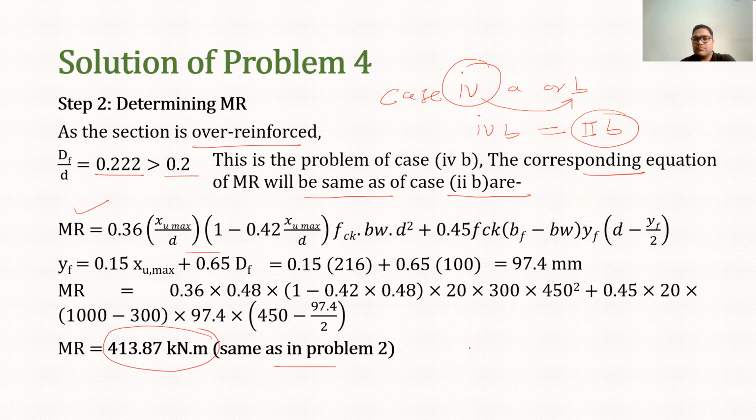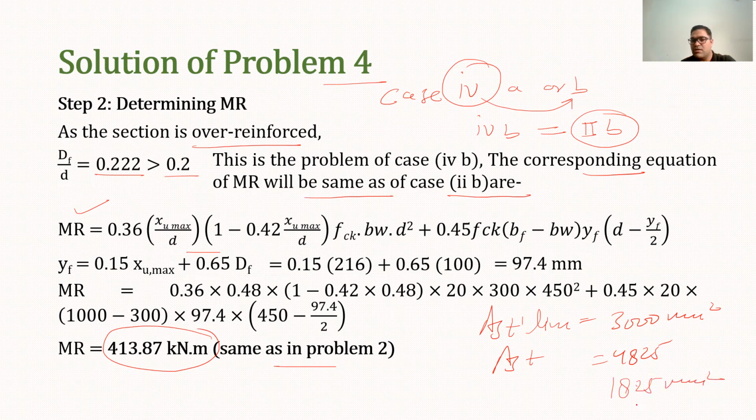In the second problem, the area of steel which we were required to find, AST limiting, was around 3000 mm square, and in problem 4 our AST was 4825. So it means around 1825 mm square of steel, whose contribution we are not considering.